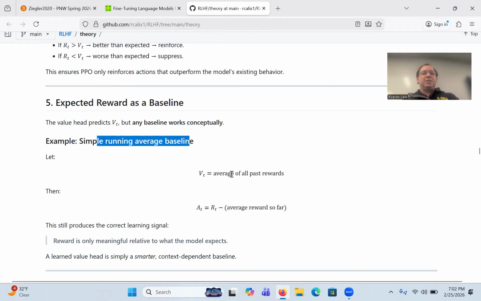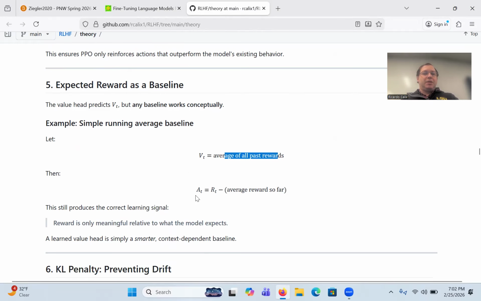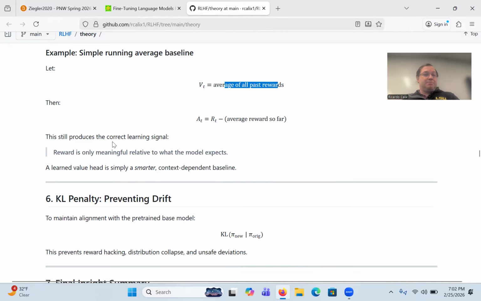So let VT be the average of all past rewards, or the average of the last 10 rewards, or something like that. Then for the advantage, as I said, you take RT minus the average of the rewards, and it just controls that difference. This still produces the correct learning signal. Reward is only meaningful relative to what the model expects. Like I said, if the average is 3 and the reward is 3, the difference is 0, so it zeroes out.